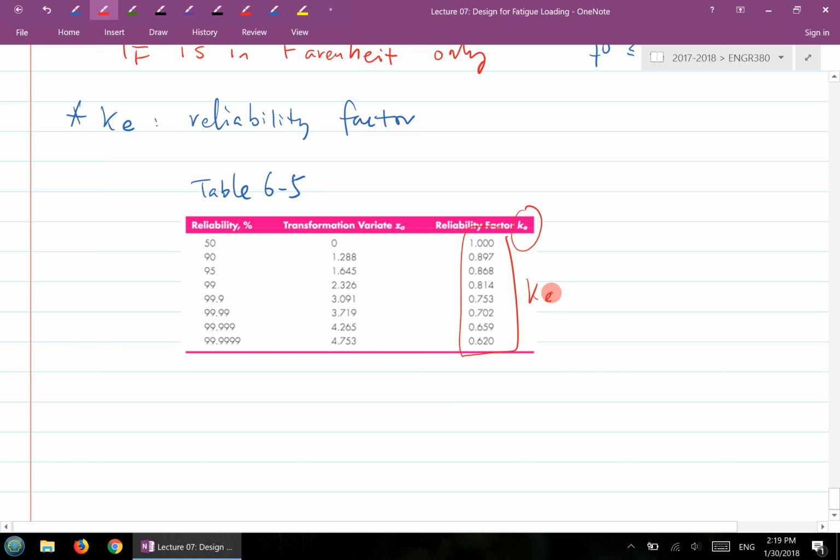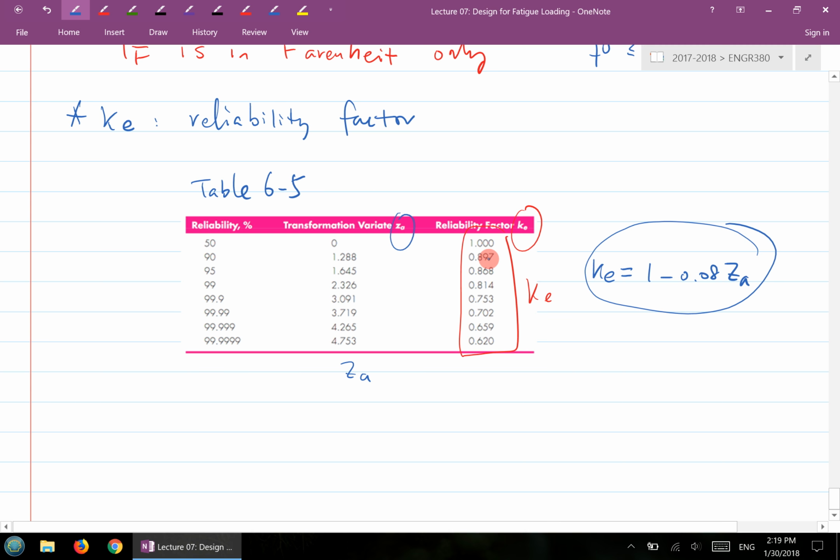There's another column here that we call the transformation variable. Your KE is actually also related to that. So this is your ZA, and if you use this formula, you get your KE too. Same thing.